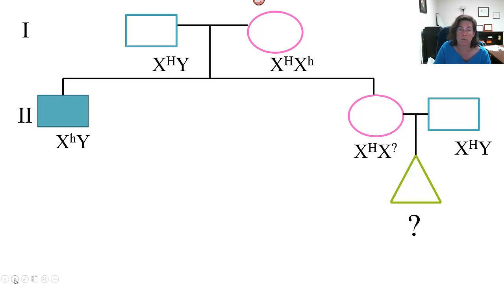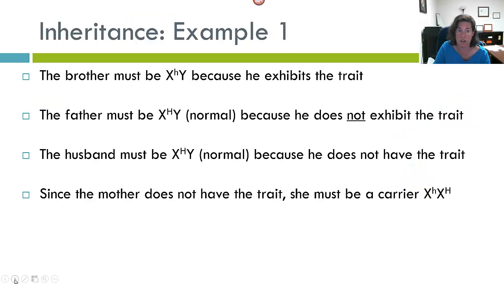So the first thing we do is a Punnett square for the daughter. The daughter could get an X with a recessive h from the mother, or she could get a normal H from the mother as well. The father has to be normal because he doesn't exhibit the trait.